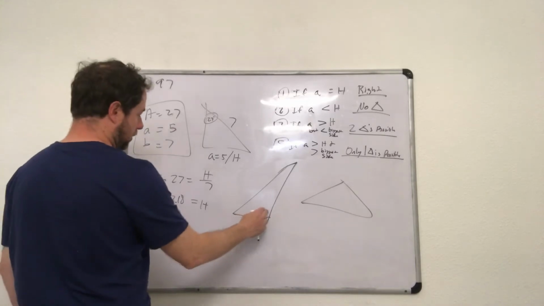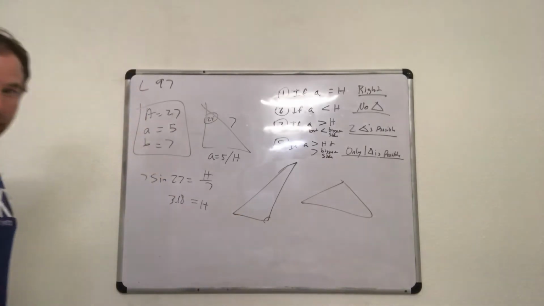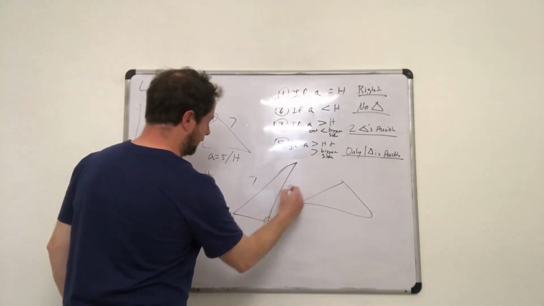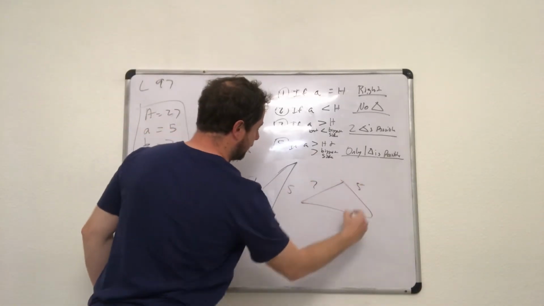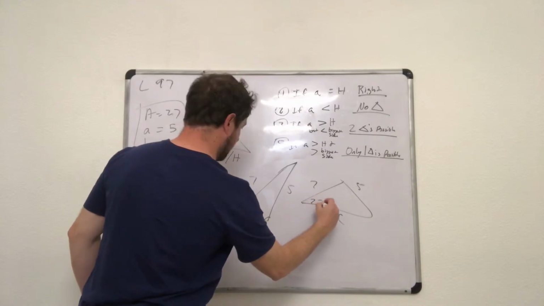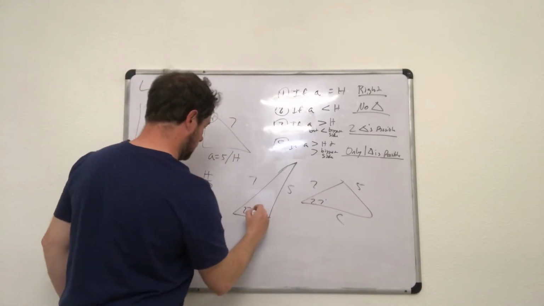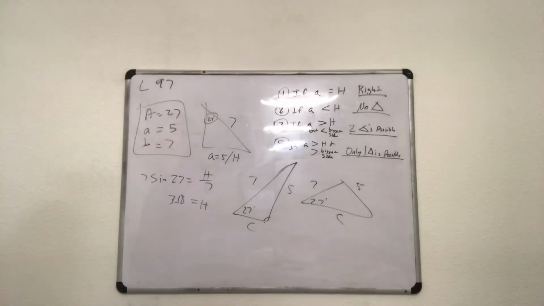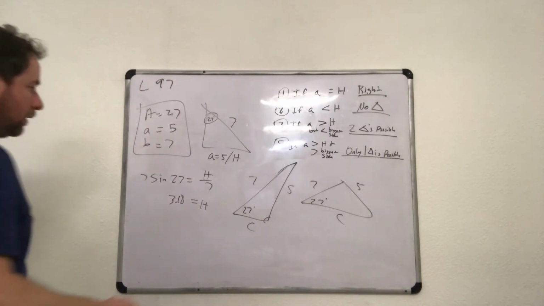So we're not really sure what our angle is here yet. In these two possibilities, we have 7, 5, 7, 5, and we have angle 27 degrees here. We will use the law of sines to solve for our missing angles.